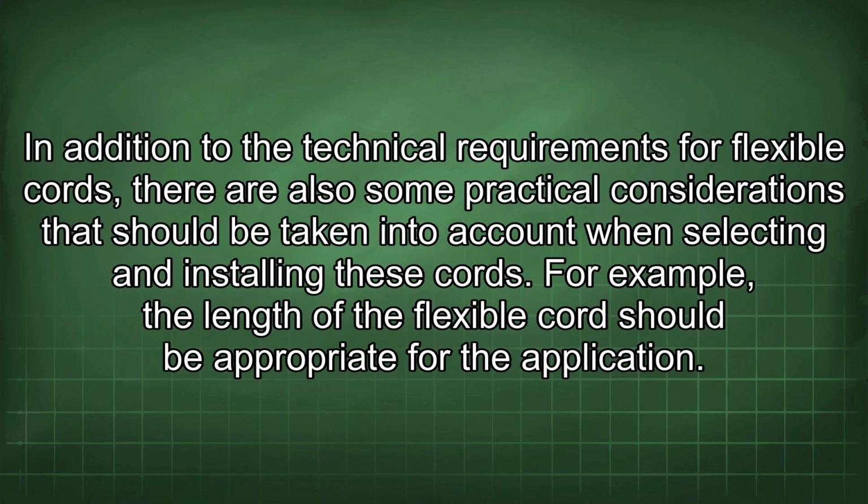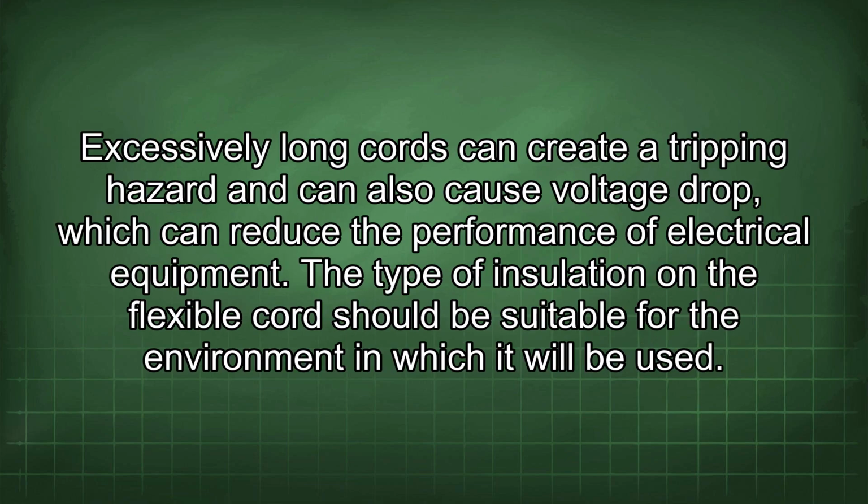In addition to the technical requirements for flexible cords, there are also some practical considerations that should be taken into account when selecting and installing these cords. For example, the length of the flexible cord should be appropriate for the application. Excessively long cords can create a tripping hazard and can also cause voltage drop, which can reduce the performance of electrical equipment.